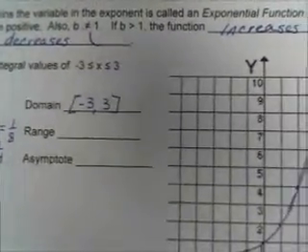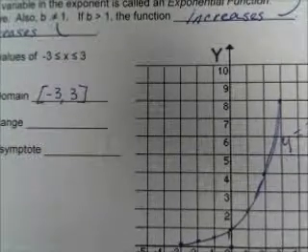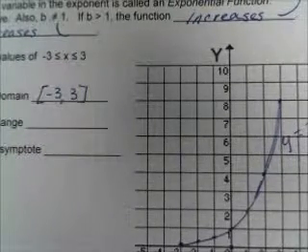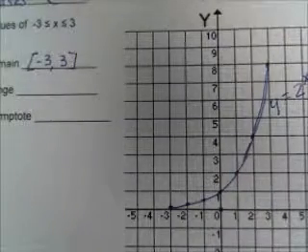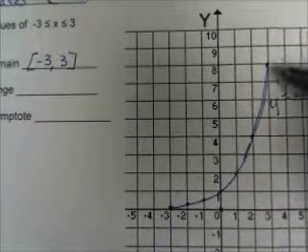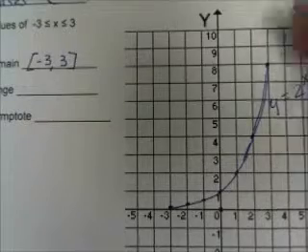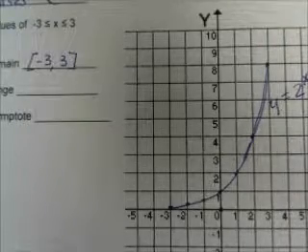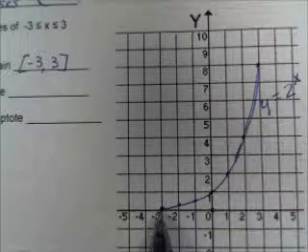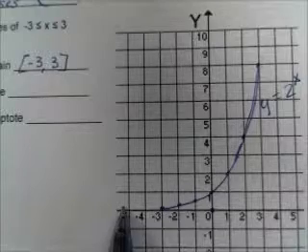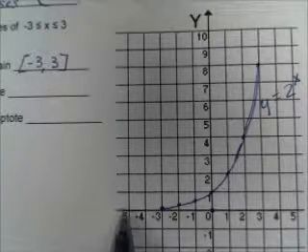But if our domain wasn't restricted from -3 to +3, this would keep going upward and ever so slightly outward to the right, and this here would keep going outward and downward to the left.